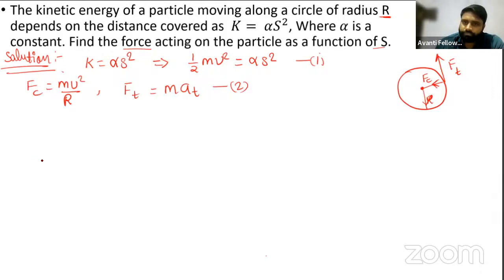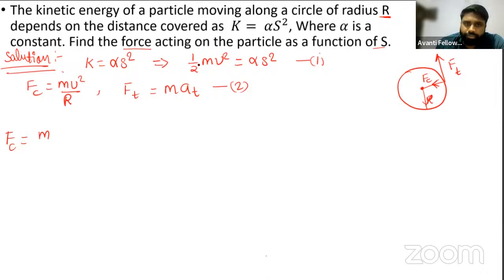Now, you can put the value of v square to get the relation between Fc and s from this equation. So Fc here is m times v square.